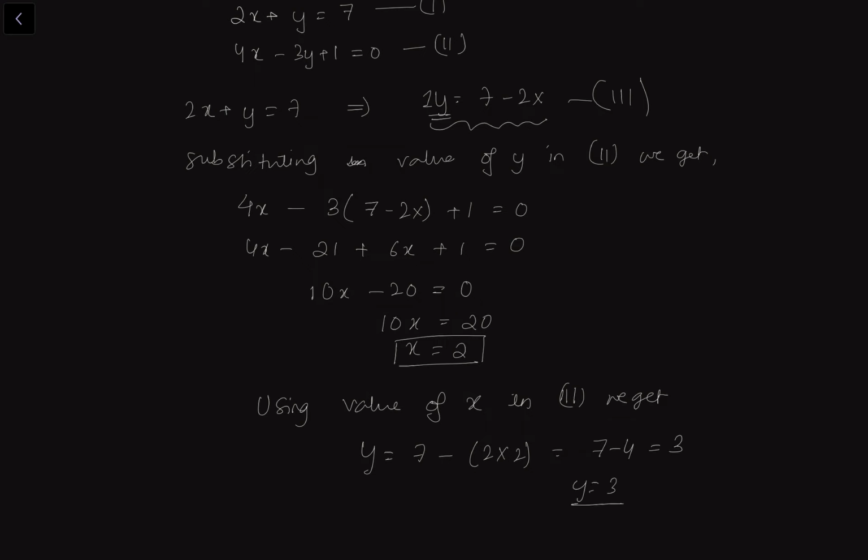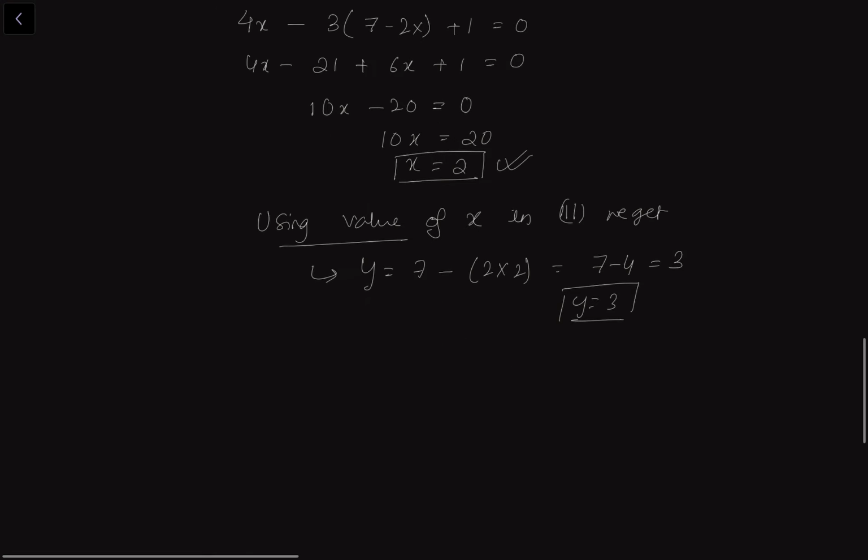So y is 3. So basically you isolate one variable, then you substitute the value, find the value, and then use that value to find the value of your other variable. This is substitution method. Now let us go to our next method, elimination method.